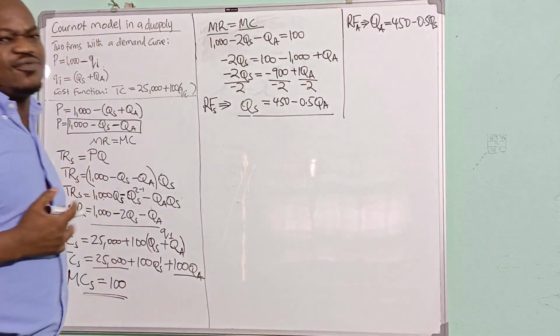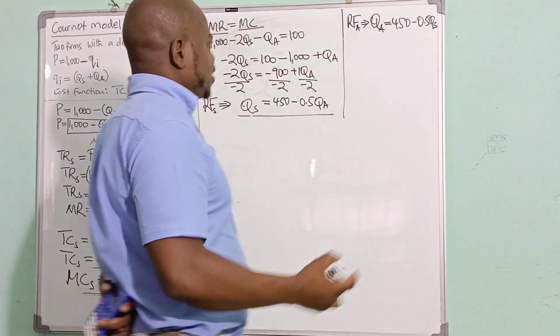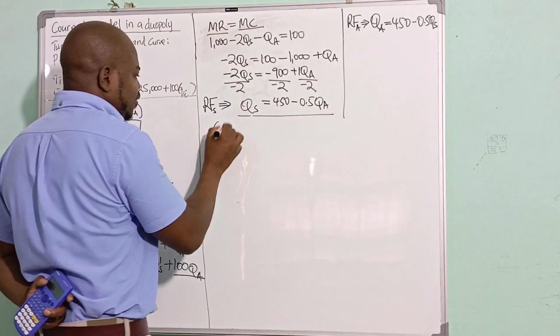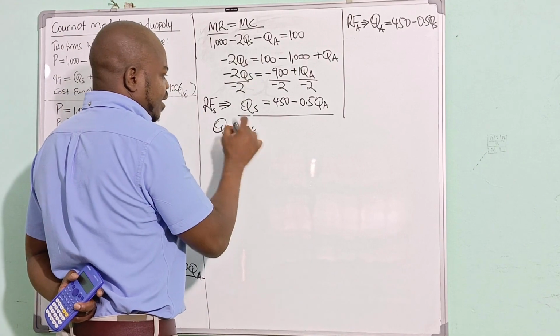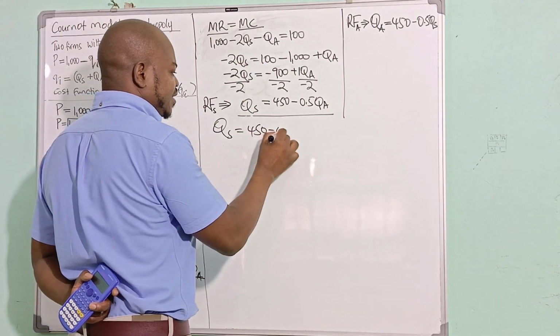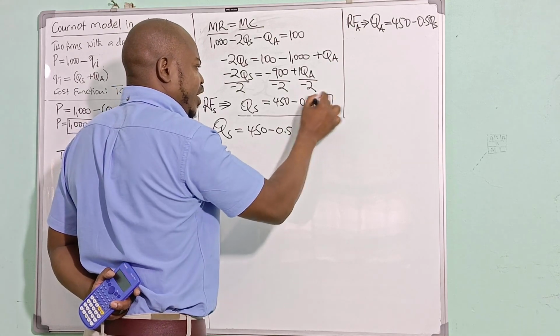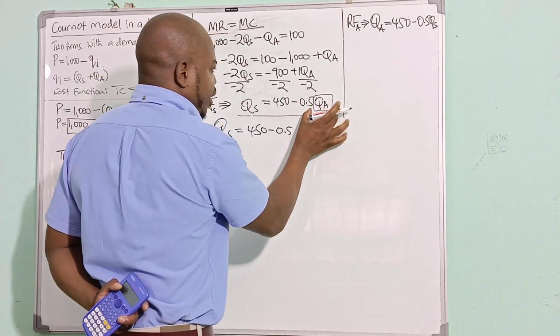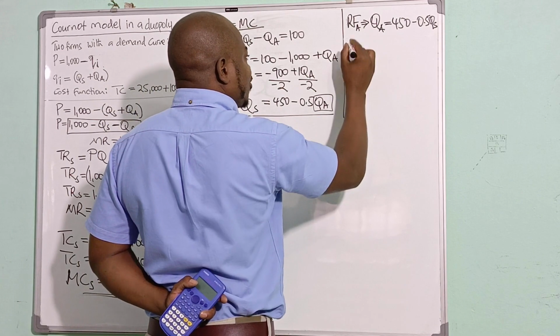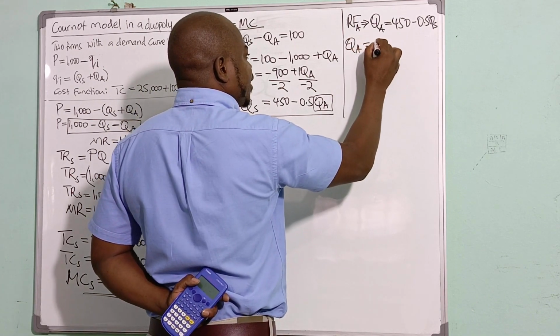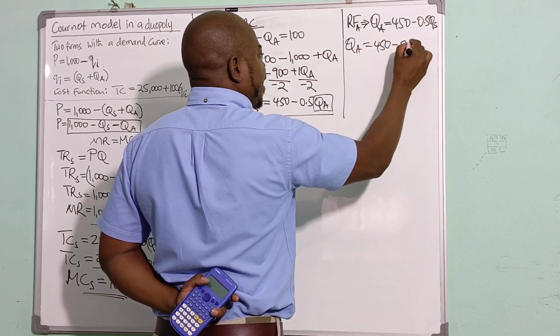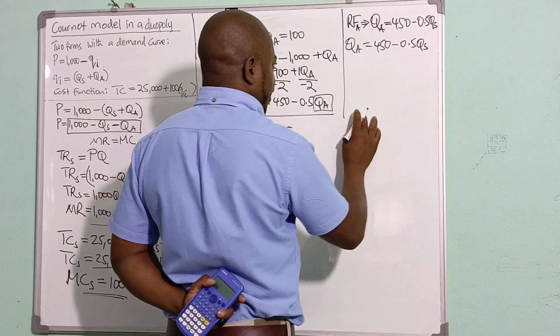It is now easy for me to calculate the quantity for S, because the quantity for S is basically this one, 450 minus 0.5 QA. Where there is QA here, I can replace it with that. Remember, we are saying QA is equal to 450 minus 0.5 QS.